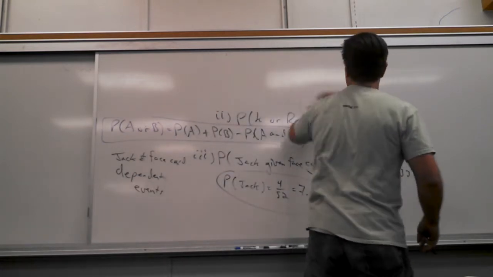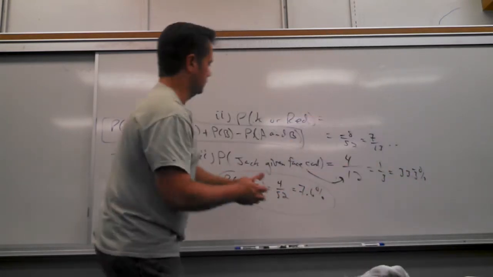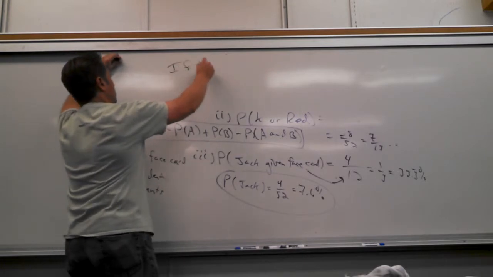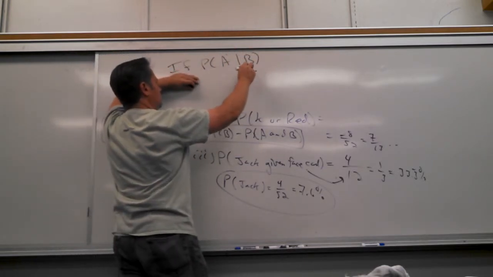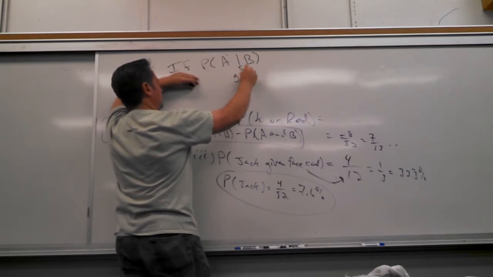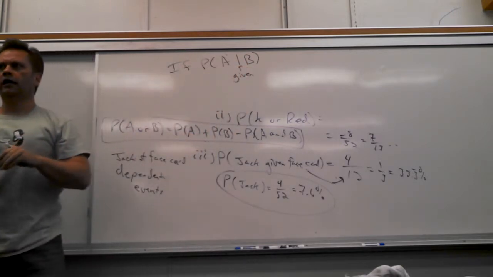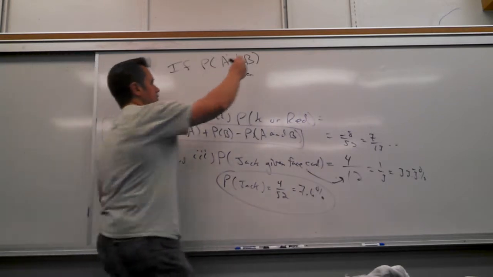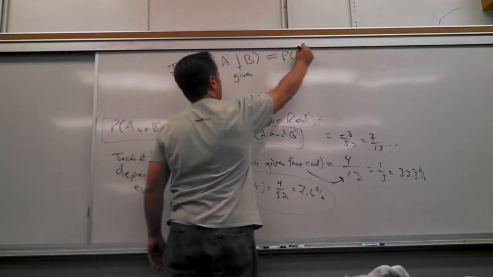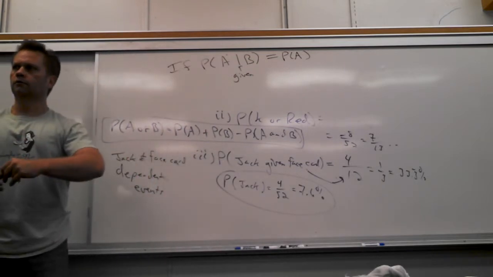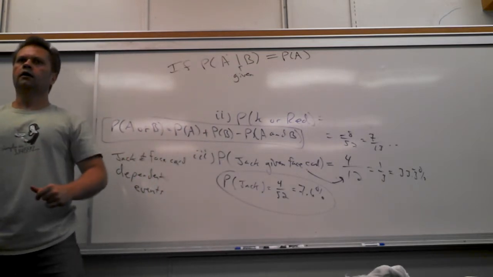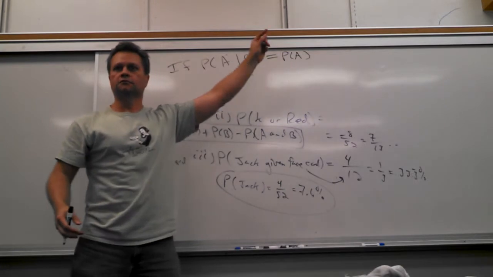You ready? If the probability of A given B, I don't know if I've given you this symbol, this just means given. The probability of A given B is the same thing as the probability of A. So B happens, given that B happened, given it was a face card, given that you don't smoke, whatever, and A doesn't care.